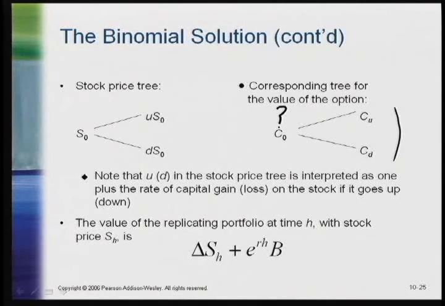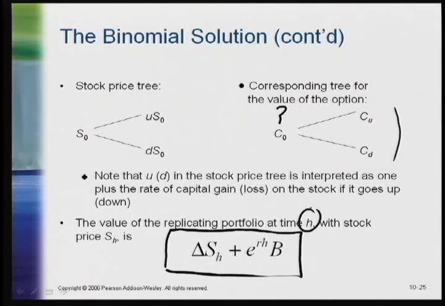So we're going to model the portfolio as we did before. It's going to be a combination of delta shares and B dollars in T-bills. So this is the price at time h. So we buy delta stock. The cost is delta S0, and we buy B dollars of T-bills.